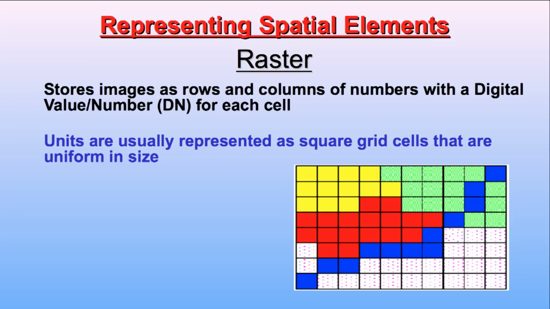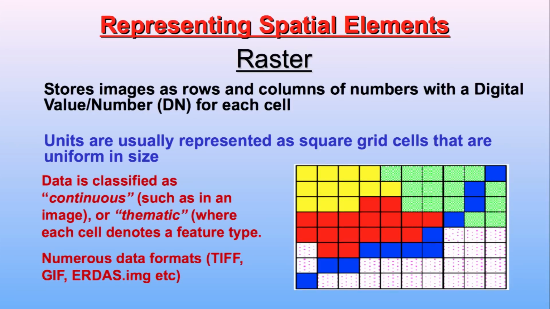So, the unit of a raster is always a square. The overall shape of a raster can be square or rectangular, and each unit of a raster will have only one single attribute, not like vector data. So, raster is continuous, and we are generally familiar with it when we are handling image rasters.